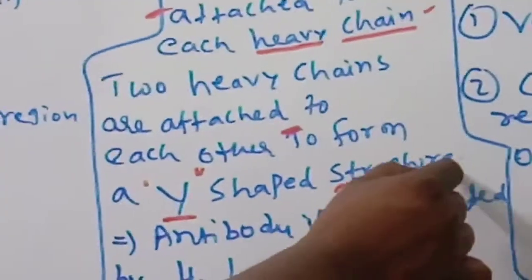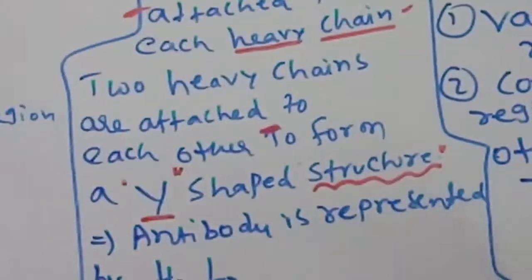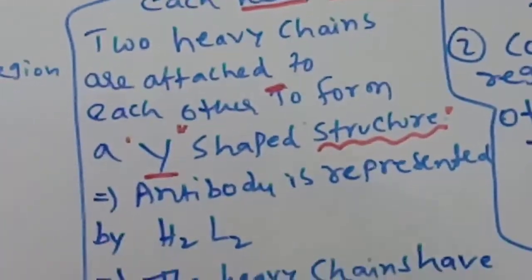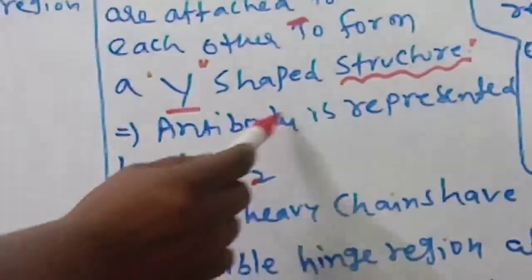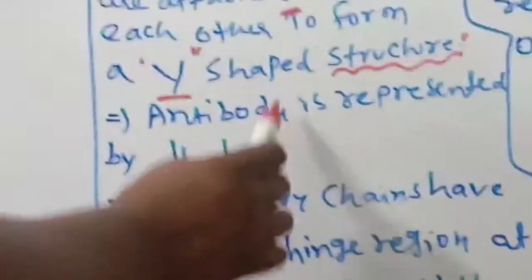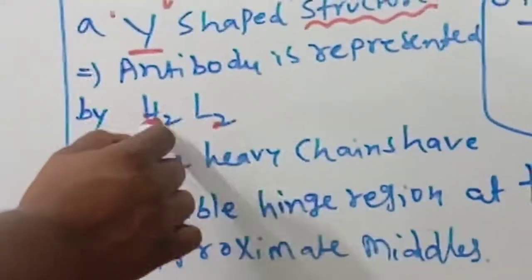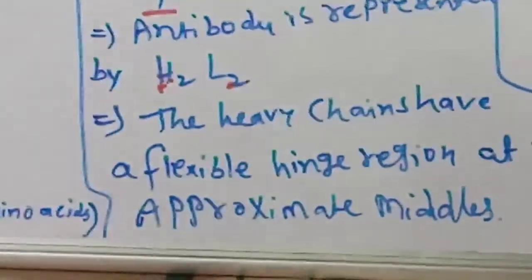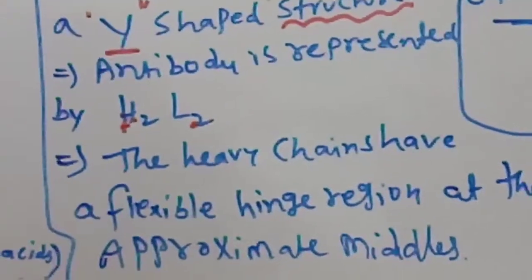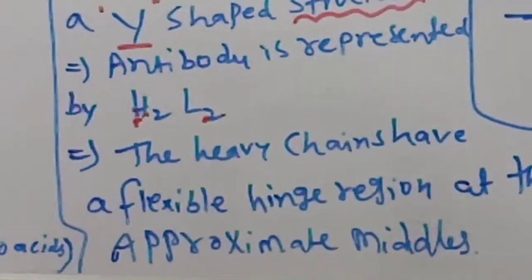An antibody is represented by H2L2: two heavy chains and two light chains.